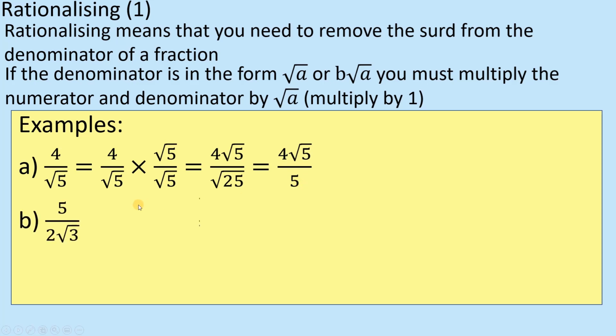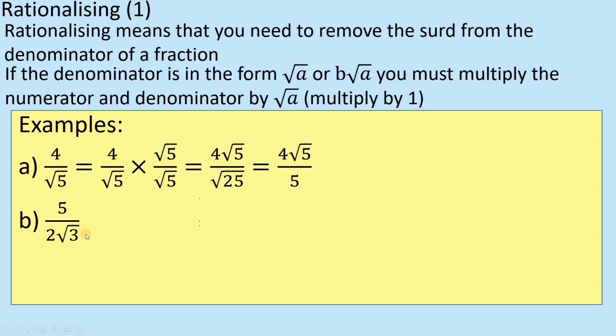All right, so with this one, it's slightly different because you've got a 2 there. The statement at the top suggests that you just times it by the square root. If you decided to times it by 2 root 3 top and bottom, you're going to end up with a 2 at the top and another 2 at the bottom.